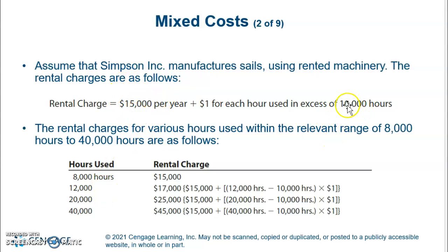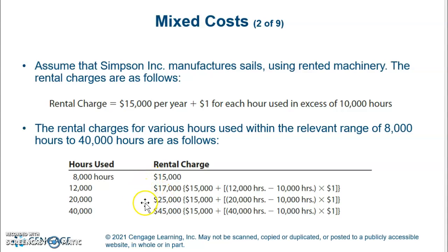But if you go over the 10,000, if we use 12,000, we would have the 15,000 plus the 2,000 hours we went over, because 12,000 minus 10,000 would be 2,000, and we have to pay for those 2,000 hours over at $1 each. So 2,000 times $1 would be 2,000, plus your 15,000 would be 17,000.